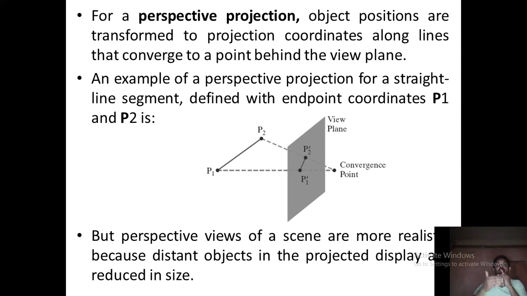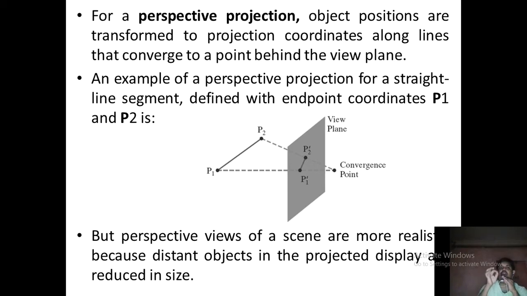Then, depending on where you take the projection, depending on your point, where you stood, from that point to the convergence point, depending on the position of that image, the size of that image will change, right? If you take the image towards the convergence point, then the size of the image is very small. If you take the image towards you, then the size of the image will be bigger.